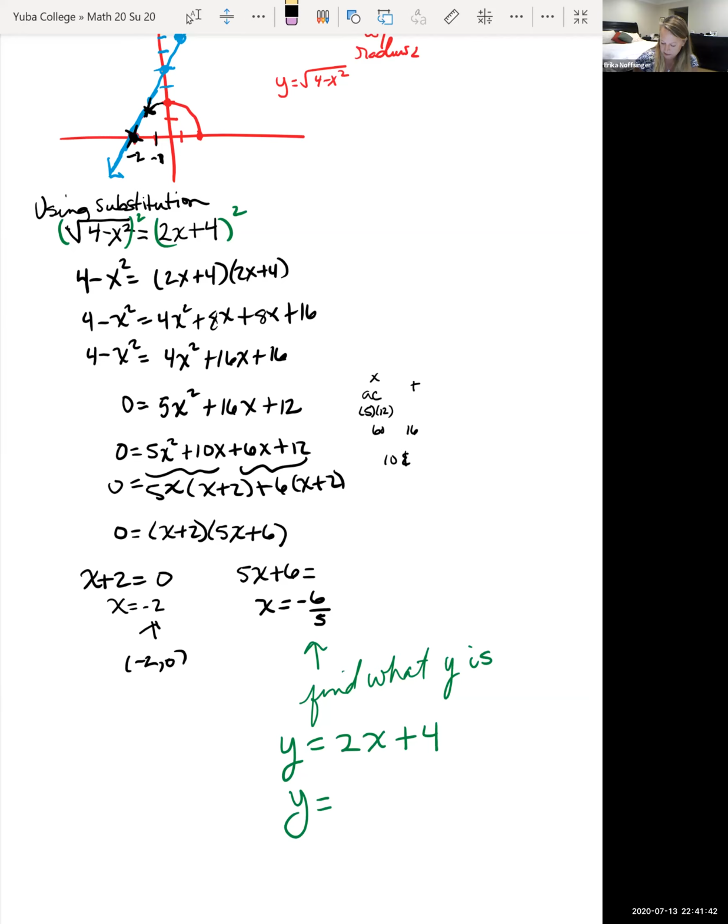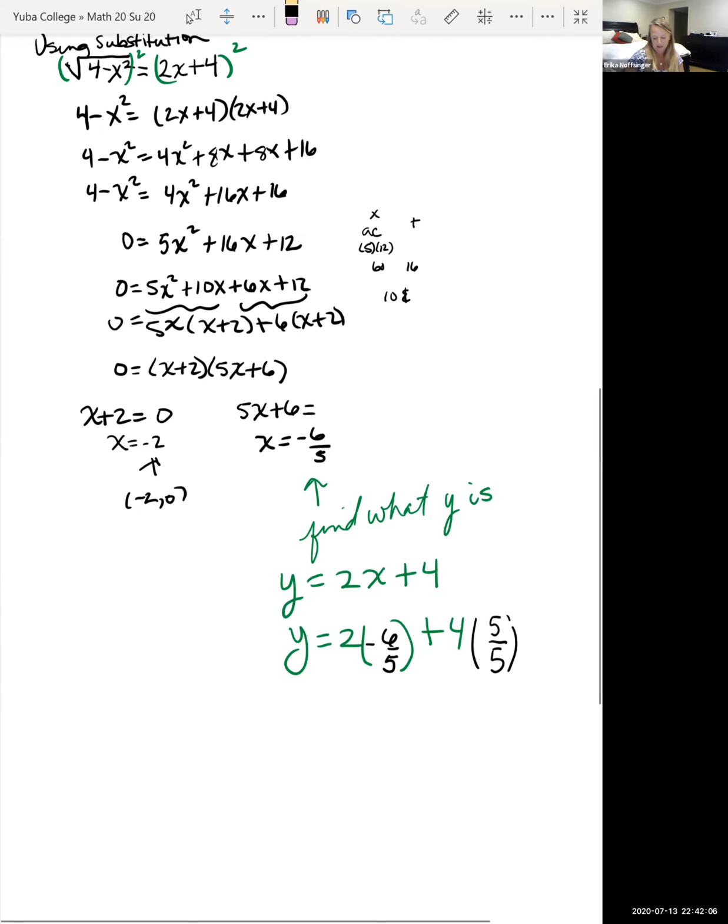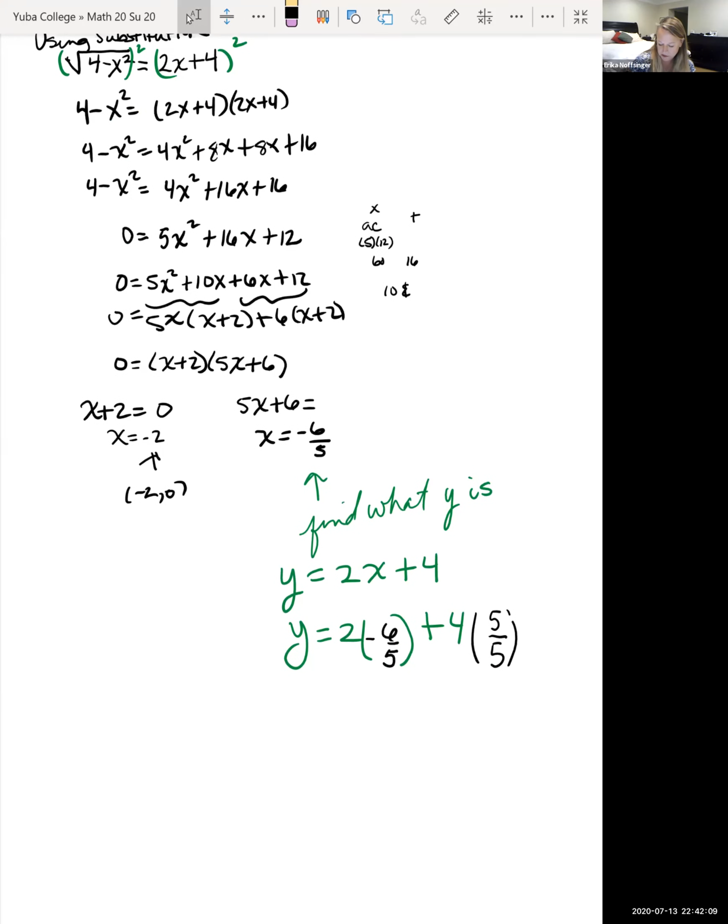So y is equal to 2, and let's plug in what x is, then plus 4. x is negative 6/5. I noticed that we're going to have to get a common denominator, so we might as well do so now. The common denominator is 5. So y is equal to 2 times negative 6, negative 12/5, plus 4 times 5, which is 20/5.